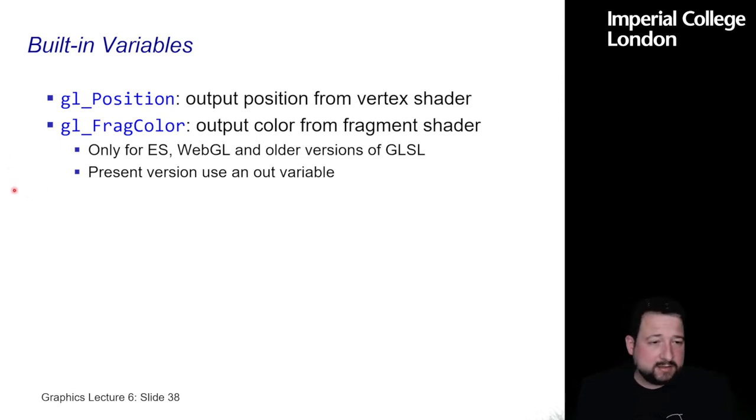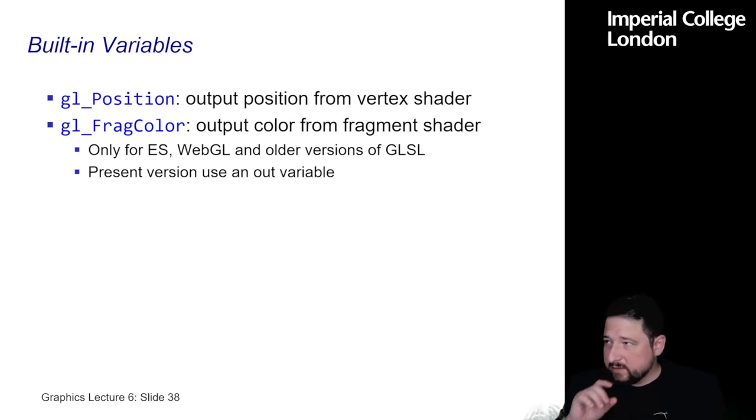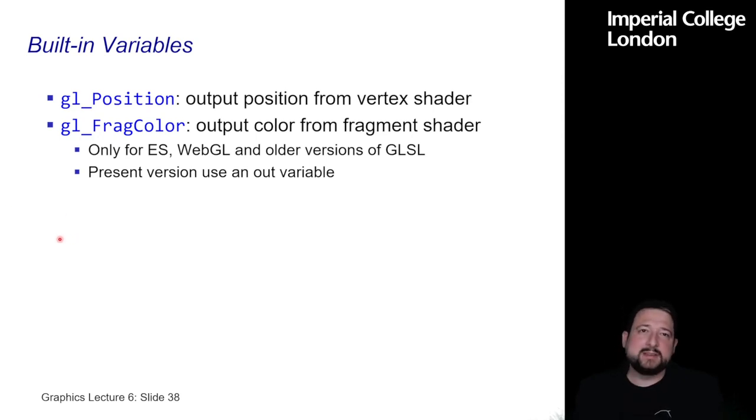We'll need to do that in the coursework framework because WebGL does not allow anything else than GL 1.2. Right, so in the desktop version of the framework, you would find the in and out variable qualifiers.